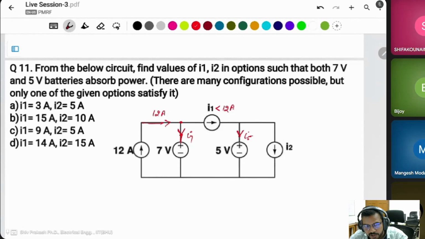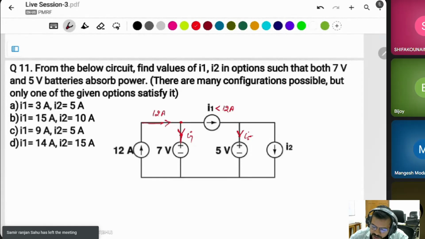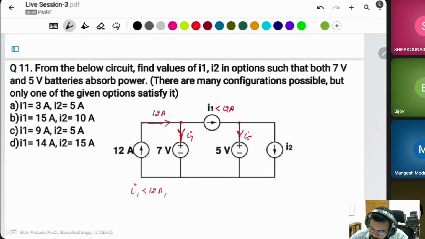It will be less than 12 ampere. Why? There is 12 ampere current, and some current is going to the 7 volt. That's why, as the first condition, I1 should be less than 12 ampere. Then there is another case: some current is flowing to this 5 volt battery.